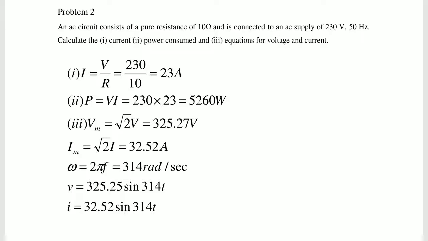Now the power formula, for the power consumed by the resistance circuit. This power is called average power, which is equal to V RMS into I RMS. V RMS is nothing but the voltage V, and I RMS is nothing but the current I. So voltage is 230 volts and current is 23.